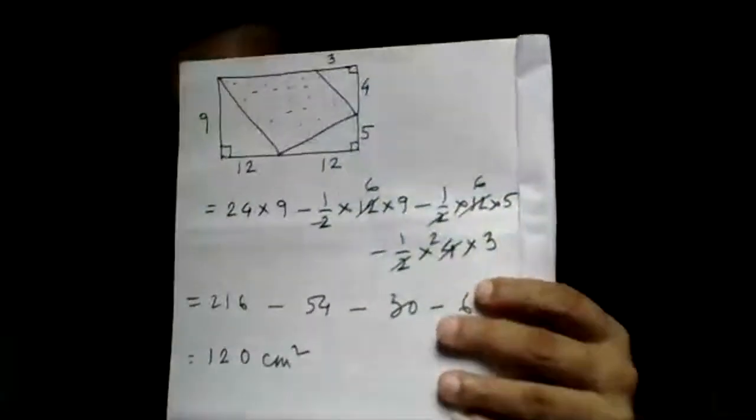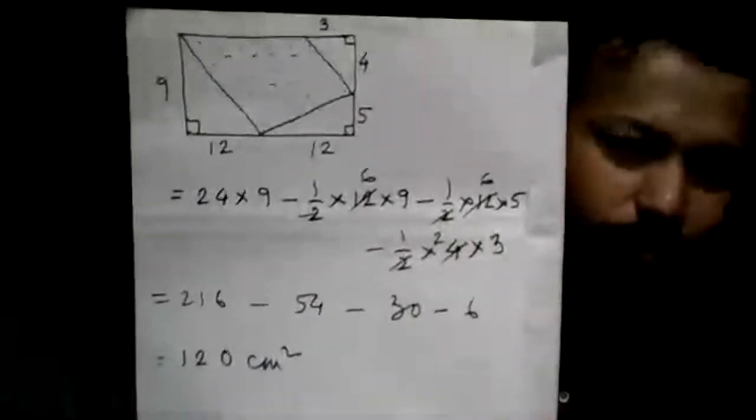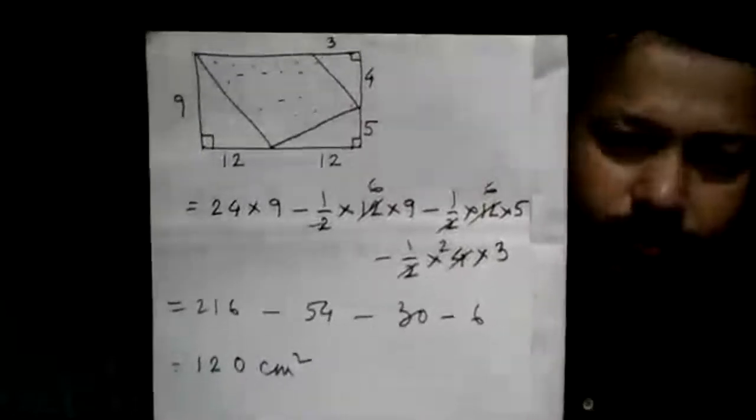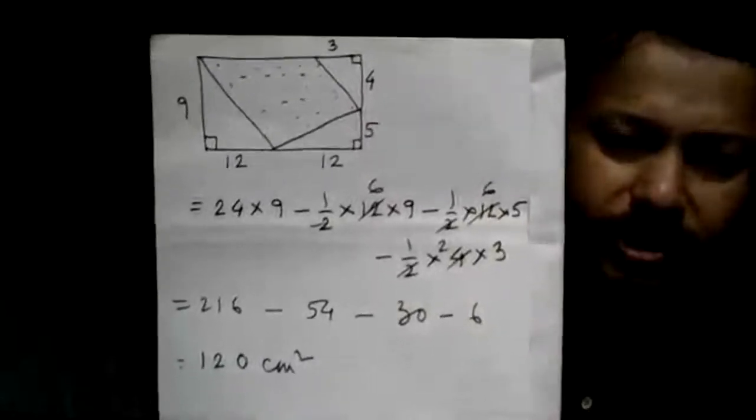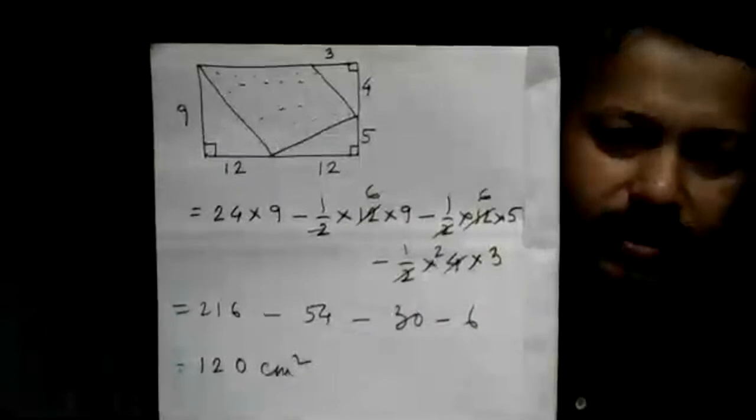So what am I getting? 1690, 120 centimeter square. This is the answer. See, all of you try to understand, and complete it.